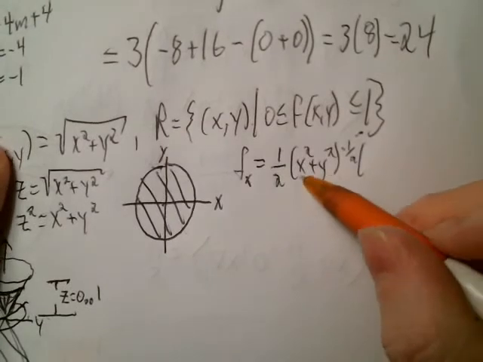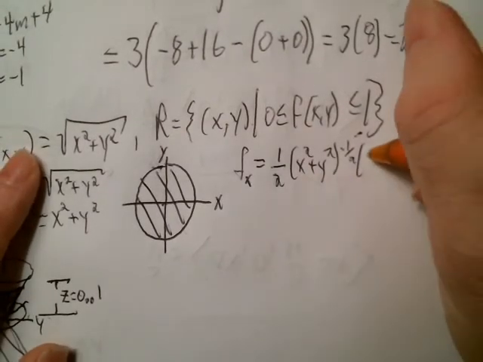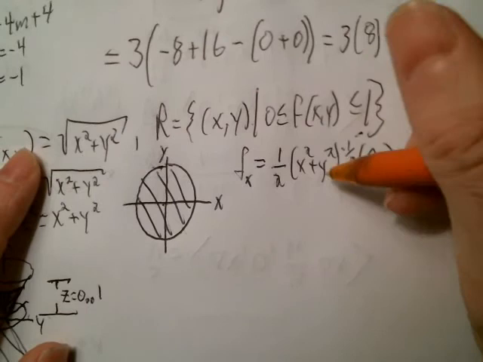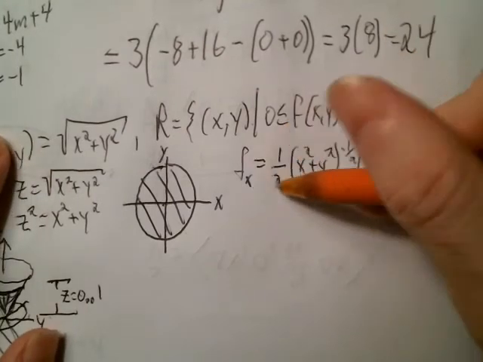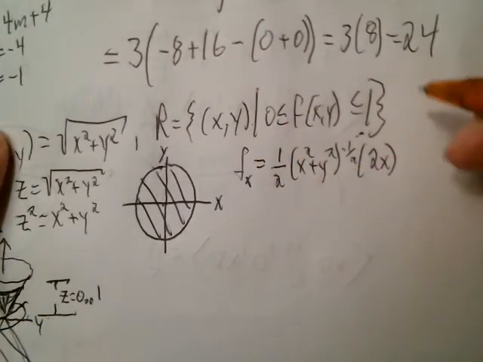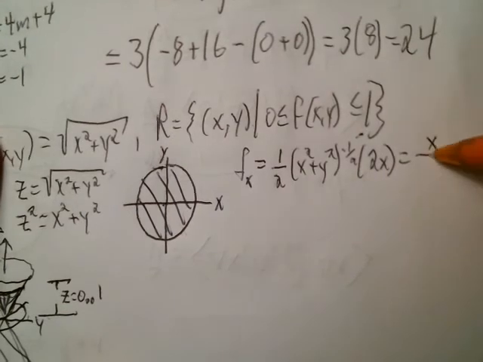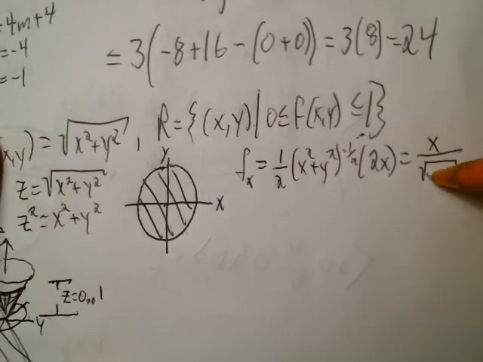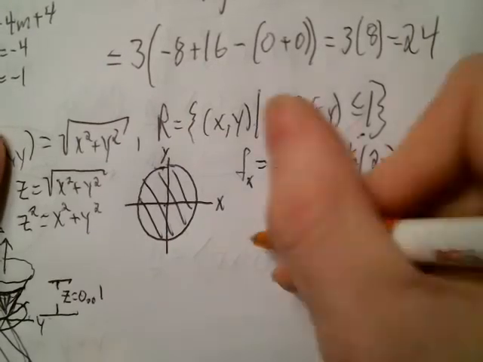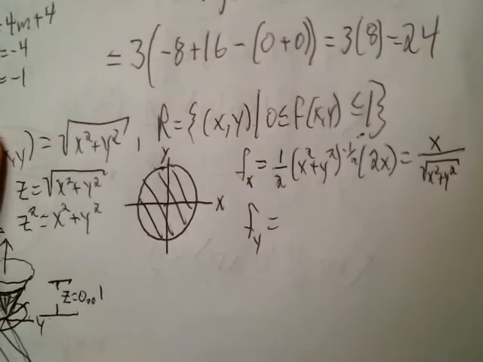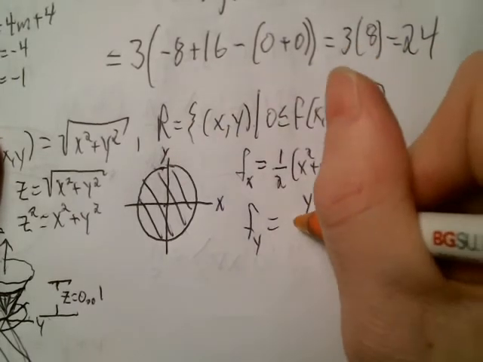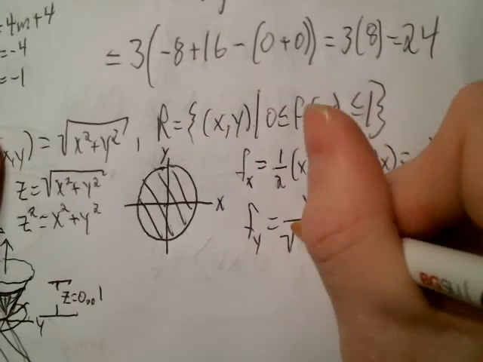The derivative of the inner part is 2x, and the derivative of y squared, because it's with respect to x, is just 0. Then clean it up, and you get x over the square root of x squared plus y squared. And then fy is the same thing, except in the top you'll have a y. If you don't believe me, pause the video and go through it.